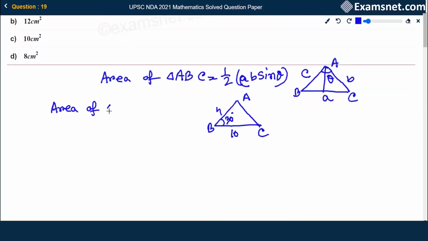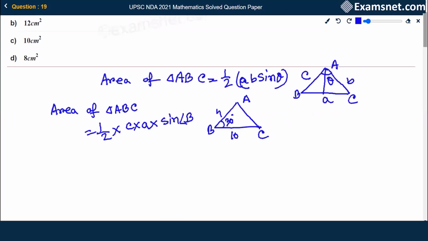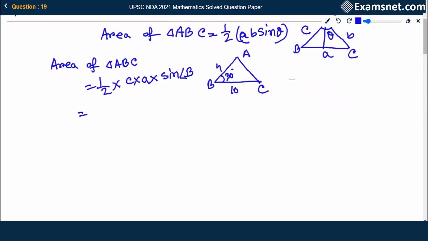Area of triangle ABC equals half into C into A into sine of angle B. Let's put all those values. It's given that A equals 10 centimeter and C equals 4 centimeter, correct?